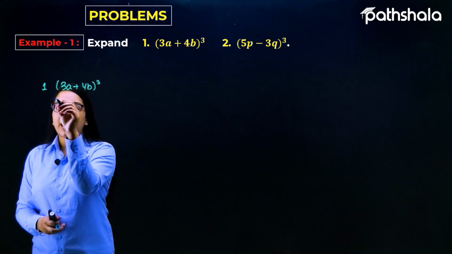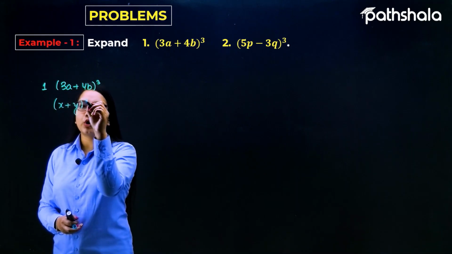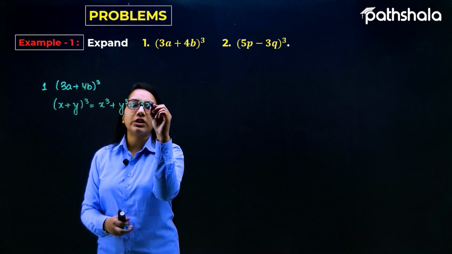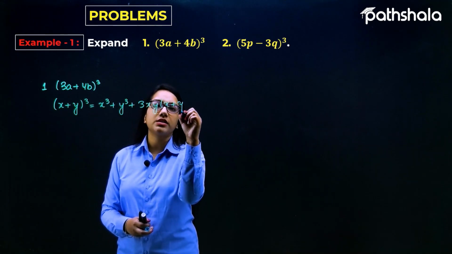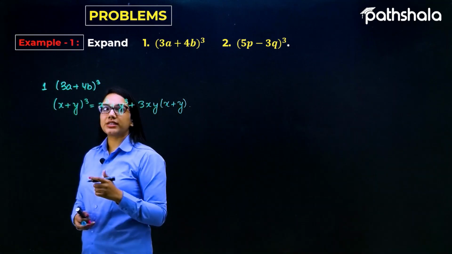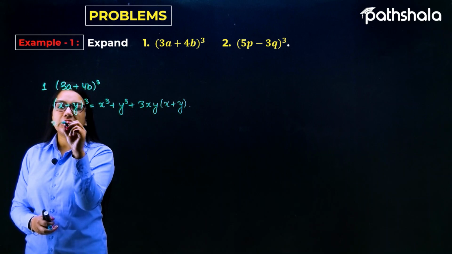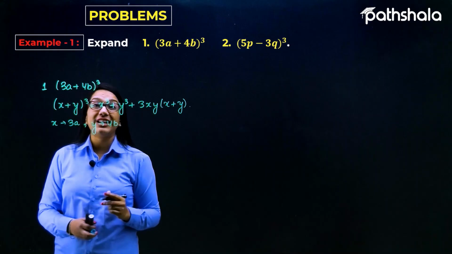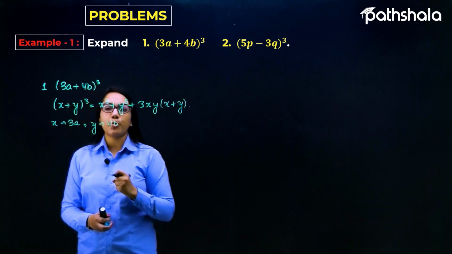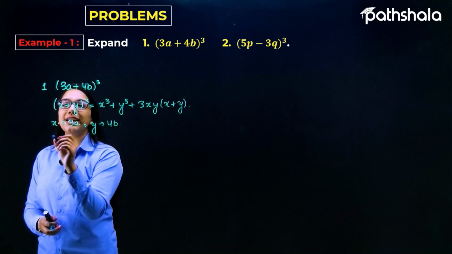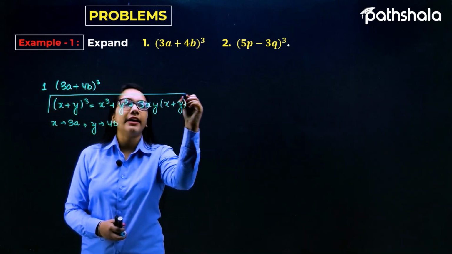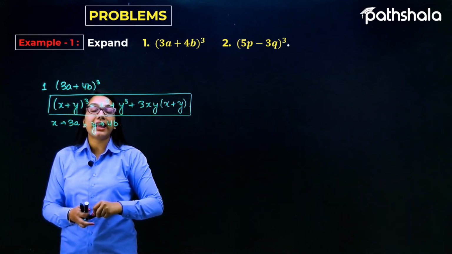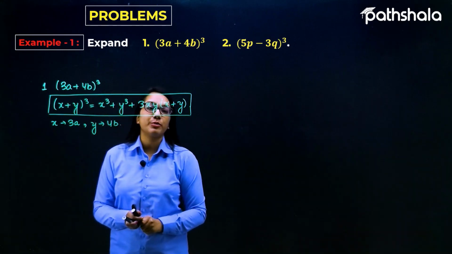So we can write the algebraic identity as (x plus y) whole cube, which is equal to x cube plus y cube plus 3xy into (x plus y). In place of x we have to use 3a, and in place of y we have to use 4b in order to expand it. So let's substitute x as 3a and y as 4b in this identity.